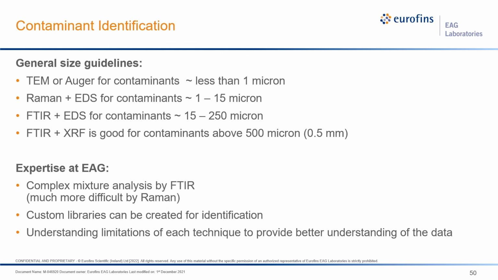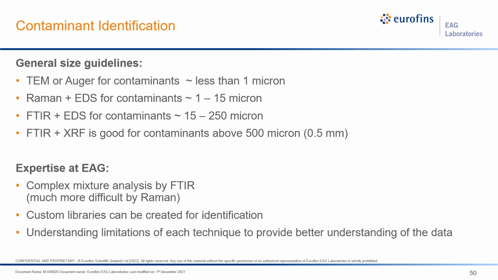Our expertise in FTIR is looking at complex mixtures, trying to get as much information from this fingerprint, this sort of puzzle that we get, and trying to understand all the various components in it. This is rather tricky and takes a lot of years of experience. We also build custom libraries for our clients.